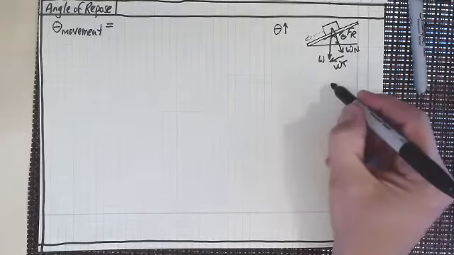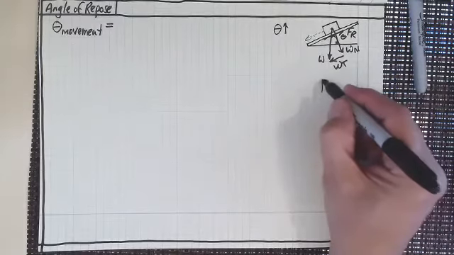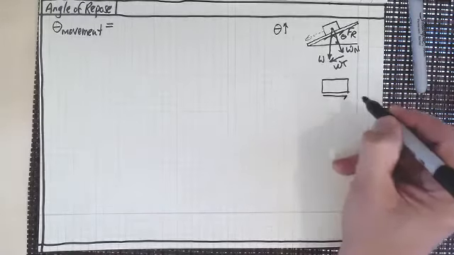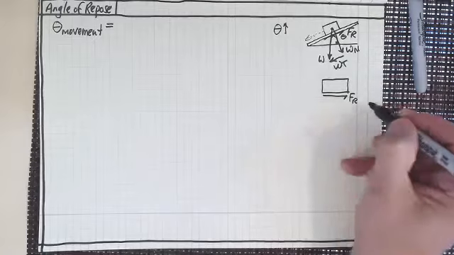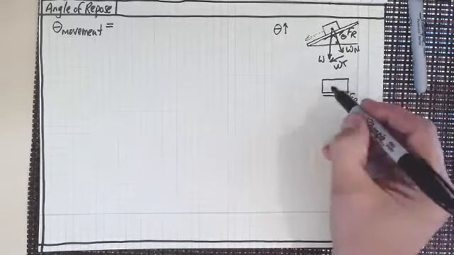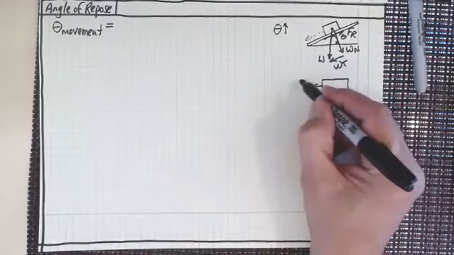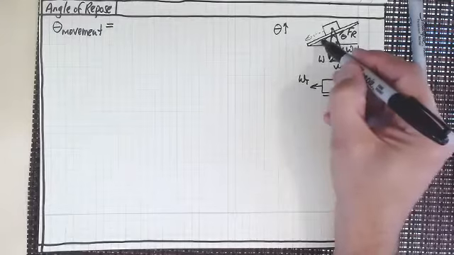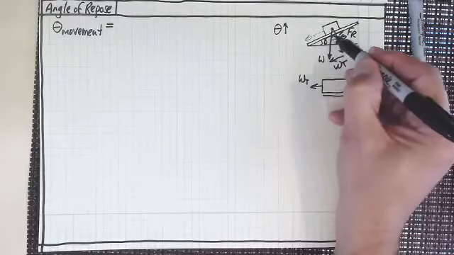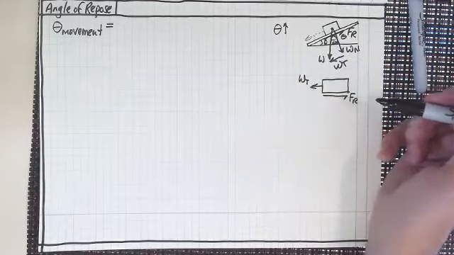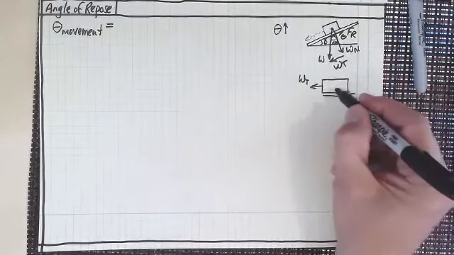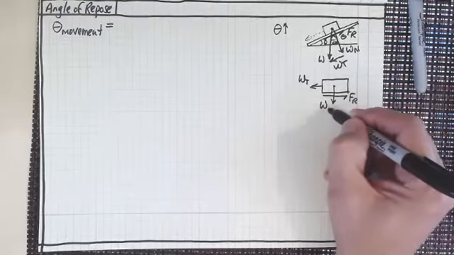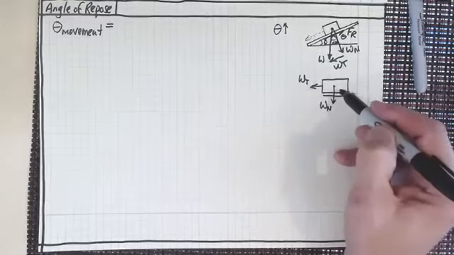And so if we redraw this in a free body diagram, we can see that we've got the frictional force working against the movement down the incline. We've got a tangential part of the force. We know that this angle here is theta, and this angle here is also theta. So both of those two angles are theta. We also have a normal component of the weight force that's working perpendicular.